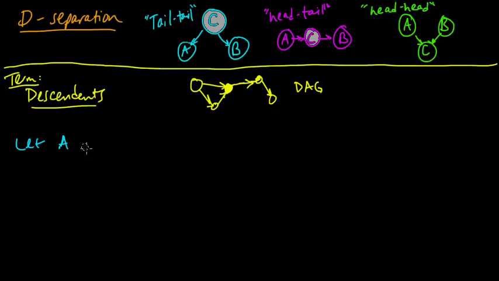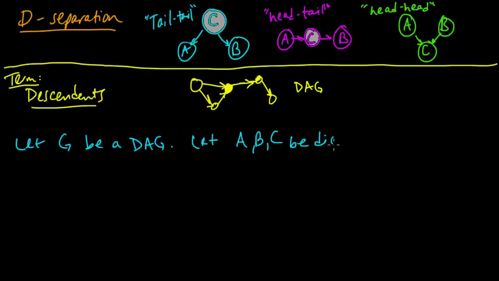But we're going to explicitly think of A, B, and C as subsets. So let G be a DAG, a directed acyclic graph, and let A, B, and C be disjoint subsets of vertices of G.